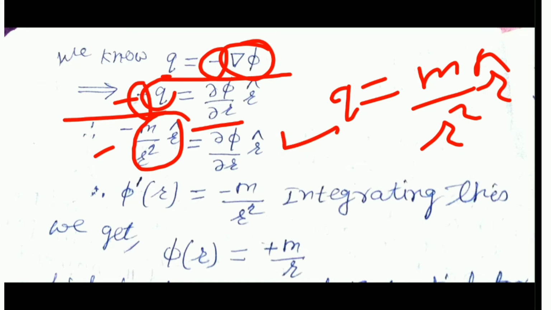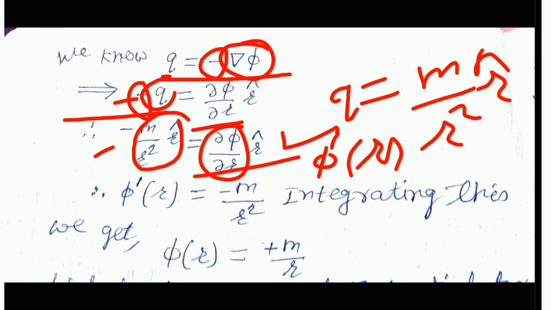Therefore, what we get? This dou phi by dou r can be written as phi dash of r. So phi dash of r is equal to minus m upon r square. Now integrate this.